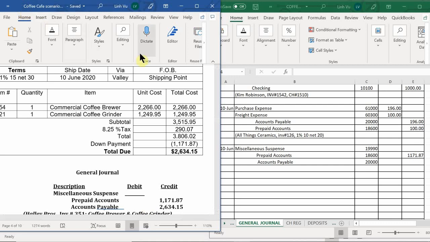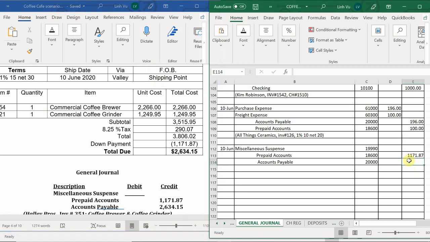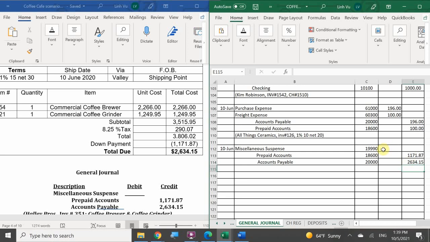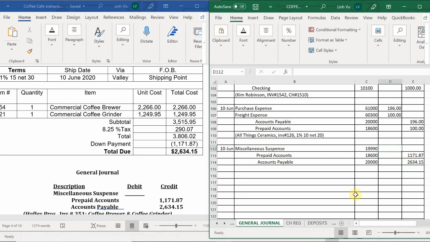So in this case, if I made a payment of $1,171.87, that's my total amount that is due, right? So if that's the case, and that's how much I owe, I owe $2,634.15, right? So how much is my total amount that we still owe? What was the total amount that I have to put in my miscellaneous expense?